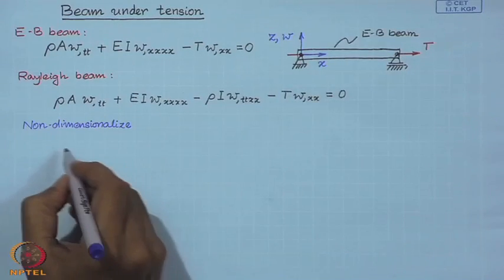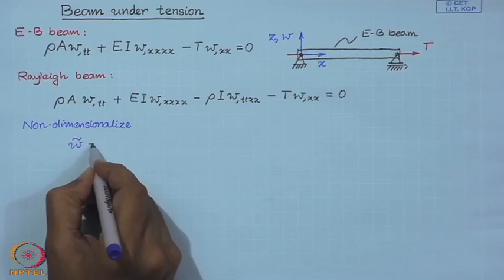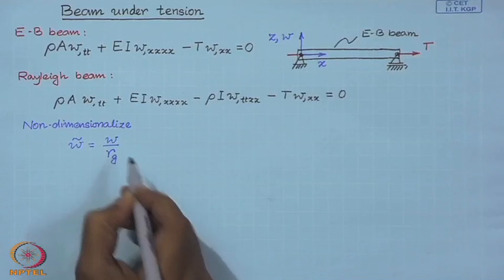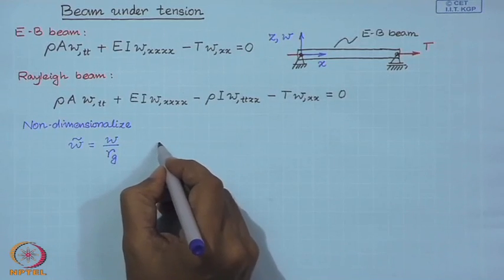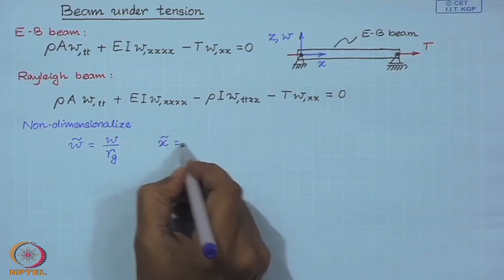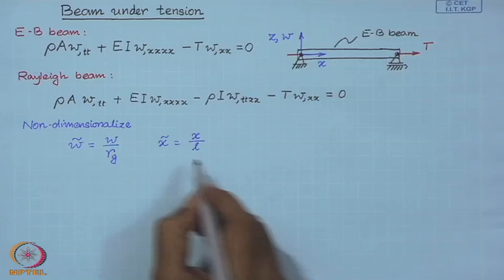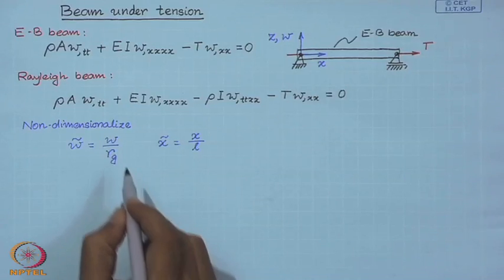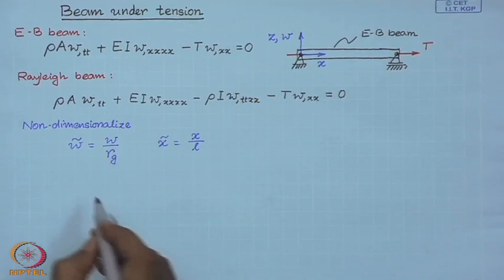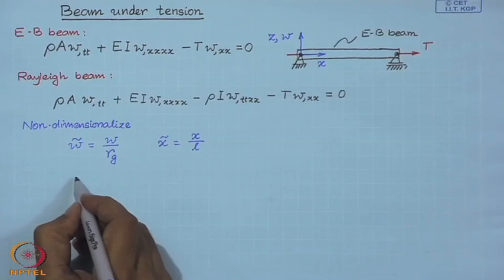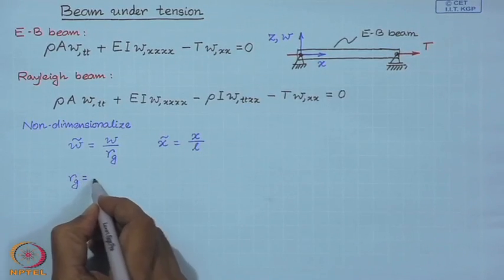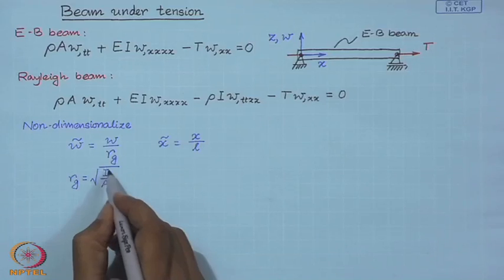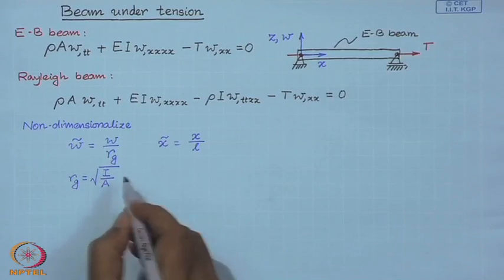If you do this non-dimensionalization using this scheme, the spatial coordinate is non-dimensionalized with the length, whereas the field variable is non-dimensionalized with this r g, which is the radius of gyration, defined as the square root of the second moment of the area divided by the area of cross section.